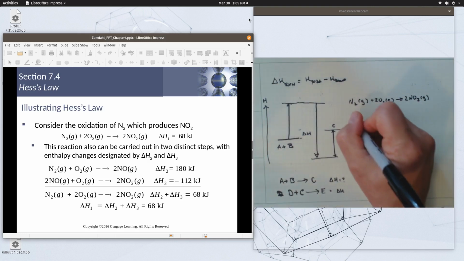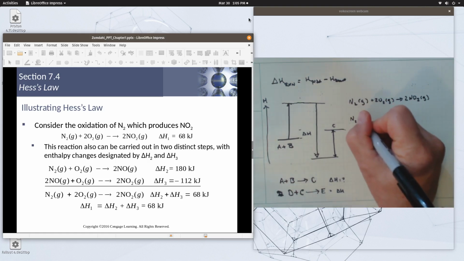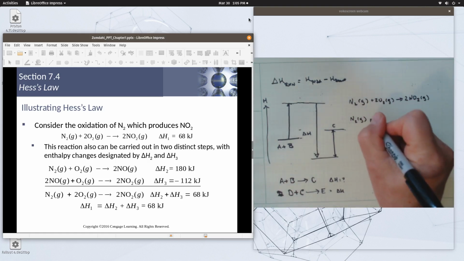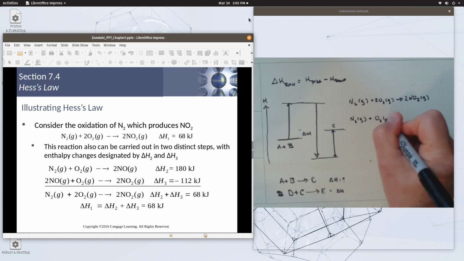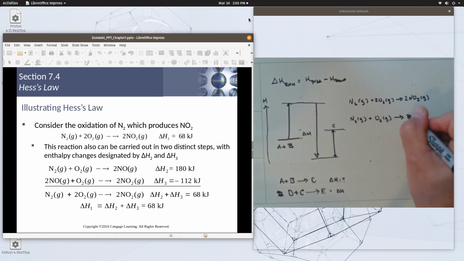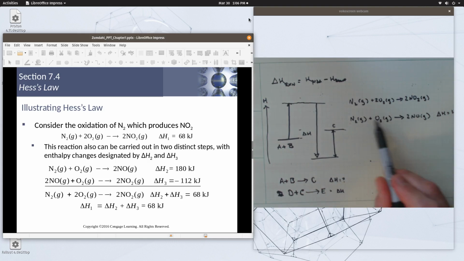I can say that N2 in the gas phase plus 1 molecule of O2 in the gas phase gives me 2 NO in the gas phase, and that has a delta H equal to 180 kilojoules. One of the things that's important to note is that this is per mole.